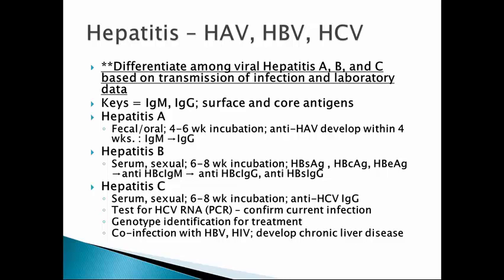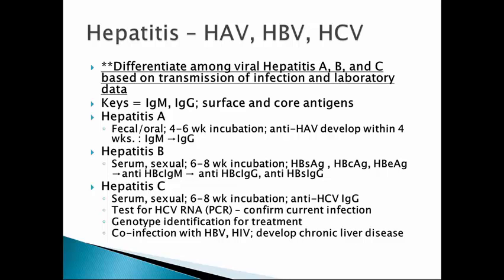One of the ways we test for hepatitis C, and the most important way, is by looking for hepatitis C viral RNA. And we use the same basic kind of test we used for HIV, that PCR. But what we need that test for is to confirm a current infection. And so that's why that hepatitis C virus RNA becomes very important.